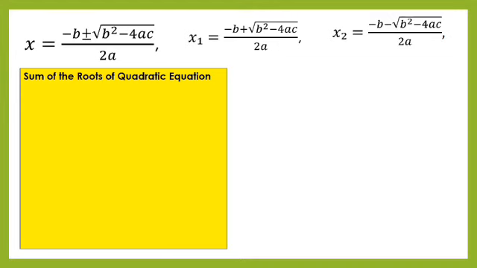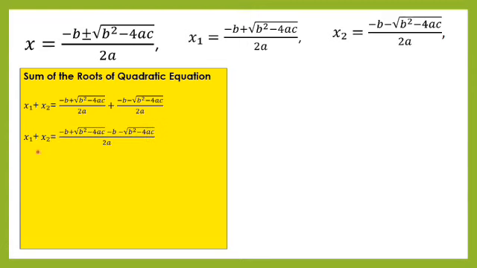Let's have first the sum of the roots of quadratic equation. We now have x sub 1 plus x sub 2 equals, we copy this for x sub 1 plus this for x sub 2.